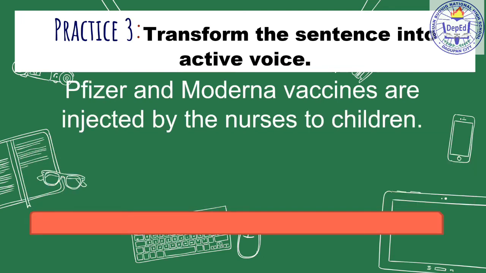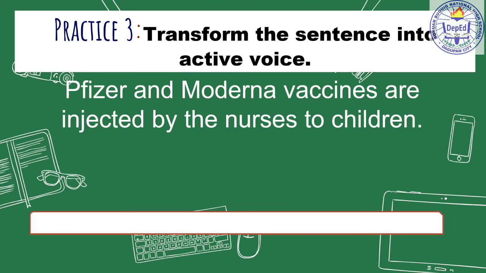Practice number 3. Transform the sentence into active voice. You have 10 seconds to finish this. The sentence is, Pfizer and Moderna vaccines are injected by the nurses to children. Time's up!